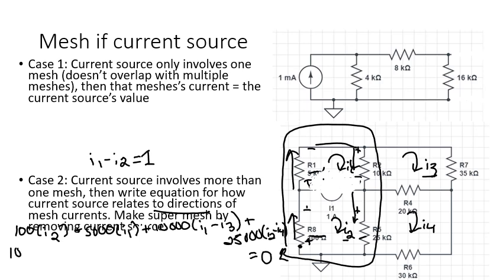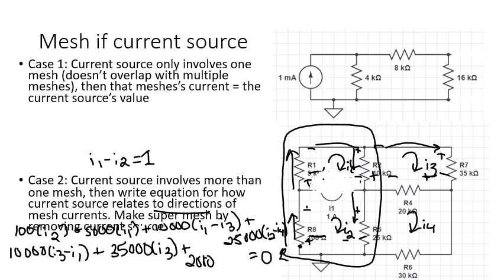That is just 10,000 onto I3 minus I1. I'm now going to be positive mesh current I3 to go around this way. Positive and hit that resistor 7, and that's 35,000 onto just I3. And now hit resistor 4 and get 20,000 onto I3 minus I4. That has to equal 0.